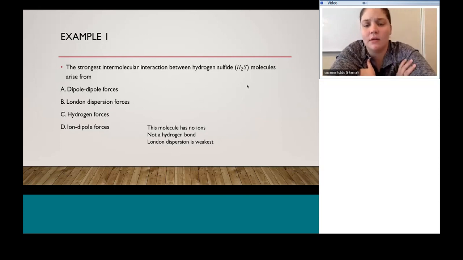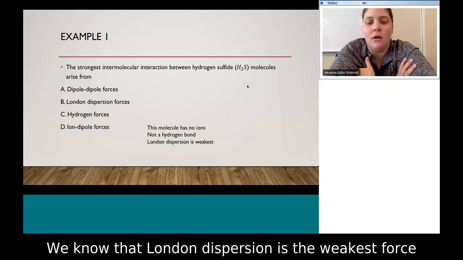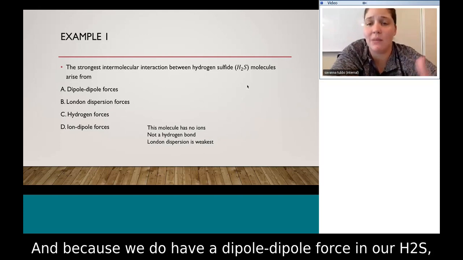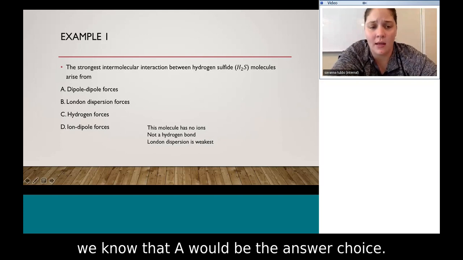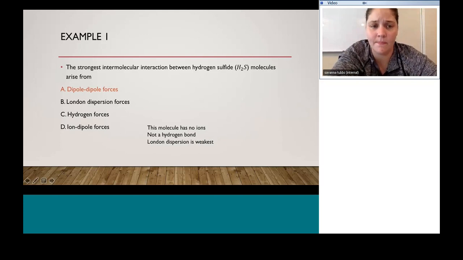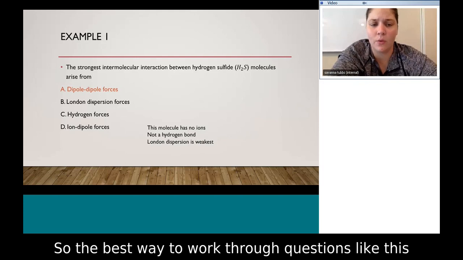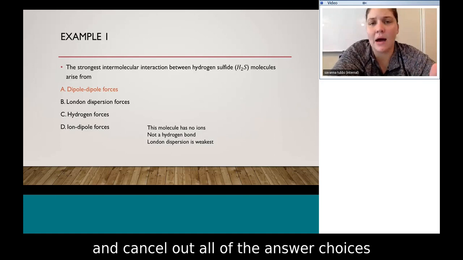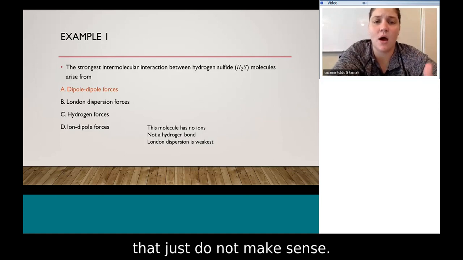We know that London dispersion is the weakest force and that dipole-dipole is the strongest, and because we do have a dipole-dipole force in our H2S, we know that A would be the answer choice. So the best way to work through questions like this is to determine what you do know about the molecule and cancel out all of the answer choices that just do not make sense.